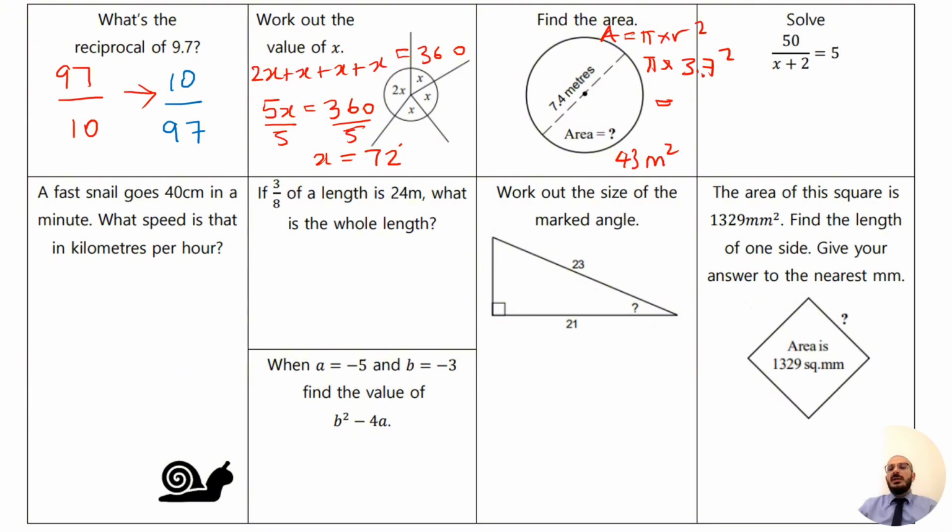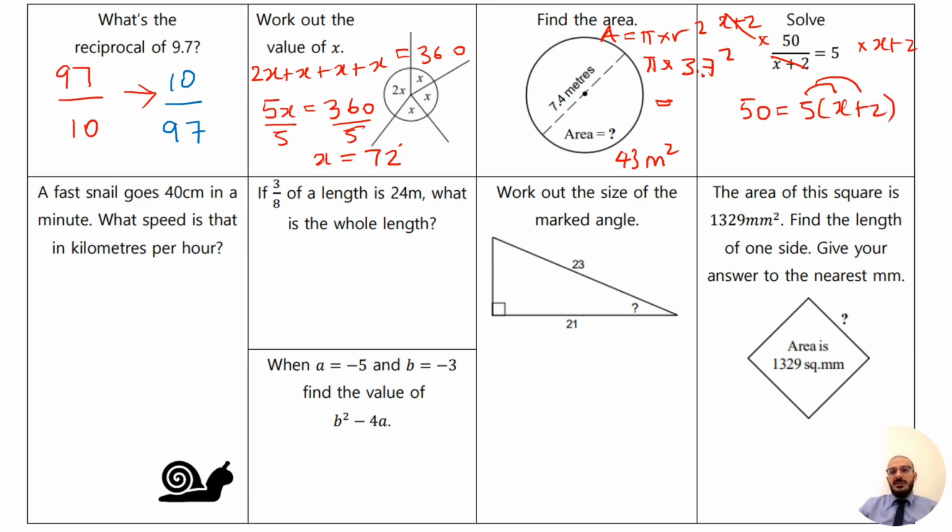Okay. Now, let me just move this 43 meters squared along here so that I have enough space for the next question. Now, solve 50 out of x plus 2 is equal to 5. What we need to do is multiply both sides by x plus 2 first. So this x plus 2 and this x plus 2 are going to cancel out. So we've got 50 is equal to 5 times x plus 2.